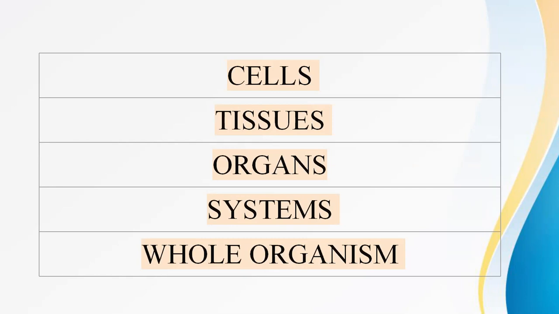When cells combine, they form tissues. Tissues are groups of cells that perform a particular function in the plant body or in the animal body. Whenever tissues combine, they form organs. What are organs? I told you earlier in my lecture.